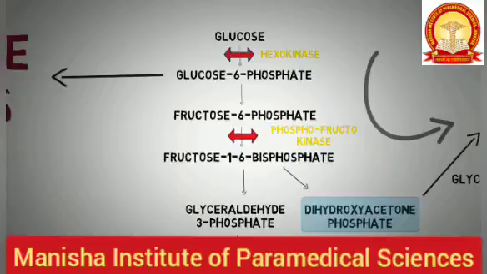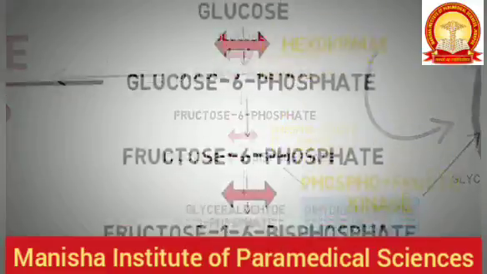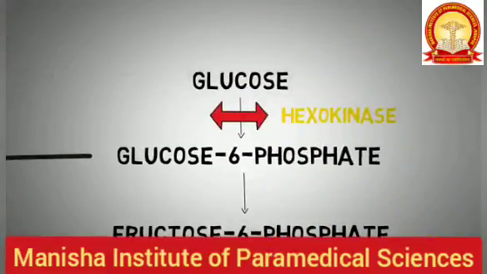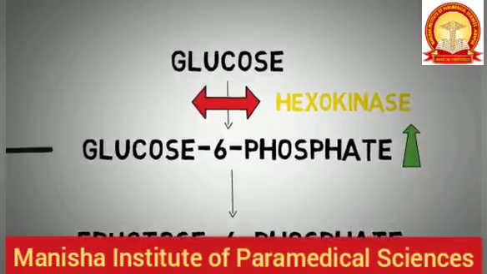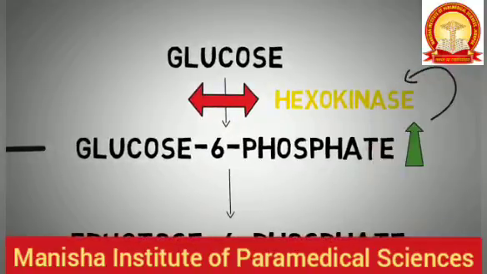Now, if you go into the details, this pathway is regulated at three main points by controlling the activity of three enzymes that act on these 3 points. At the first point, we have the hexokinase, and regulation at this step is simple. If the concentration of glucose 6-phosphate rises in the cell, the enzyme hexokinase is shut off, thus serving as an overall check on this pathway.